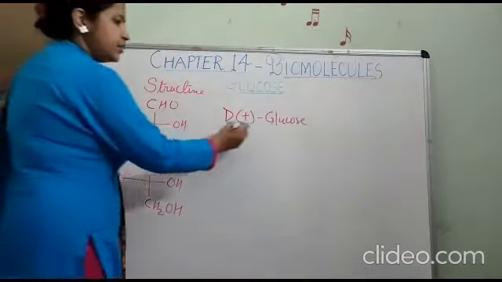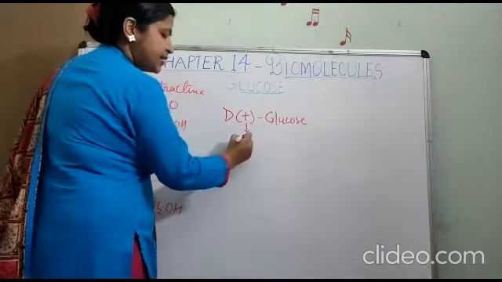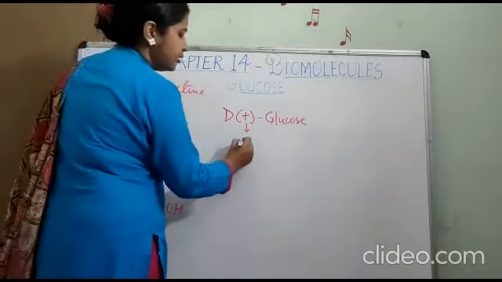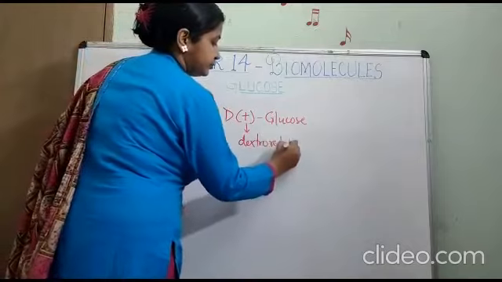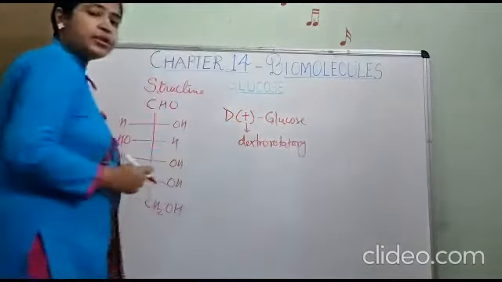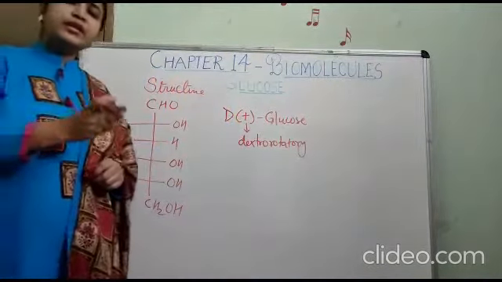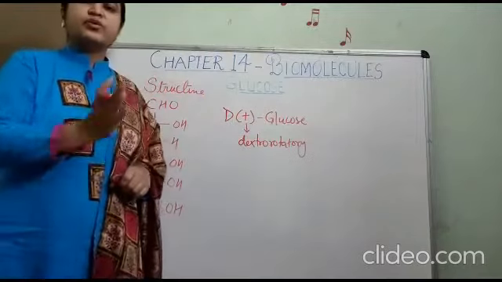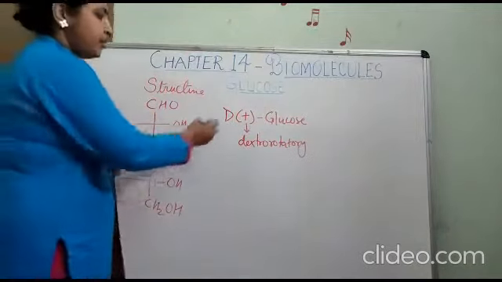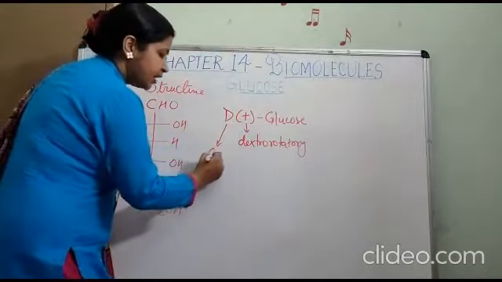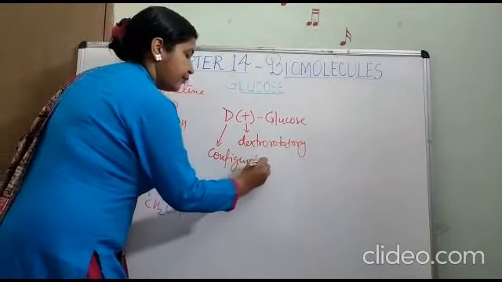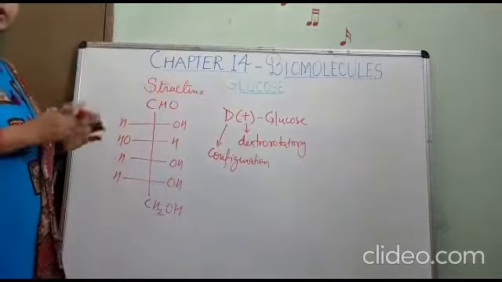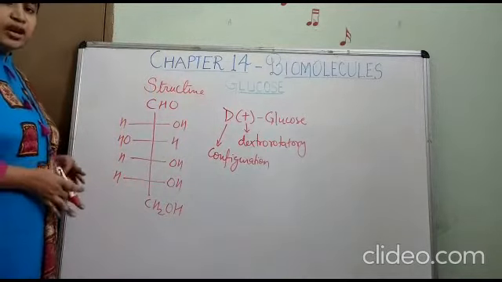Now in this name, this plus sign indicates that glucose is dextrorotatory. Dextrorotatory means it will rotate the plane polarized light towards the right side, whereas D indicates the configuration of the lowest asymmetric carbon.